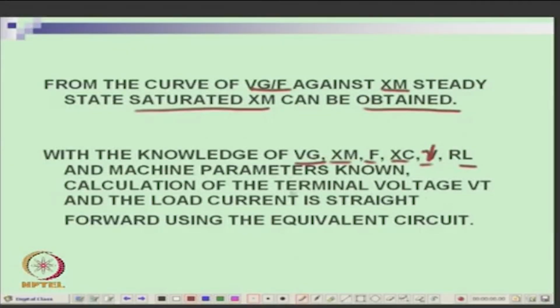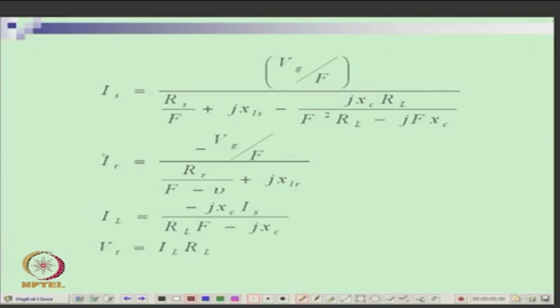then you can calculate the terminal voltage Vt and load current Is, using the equivalent circuit, solve the equivalent circuit. So, these are the equations. For Is, this is the equation, you know Vg by F, and you can verify from this.